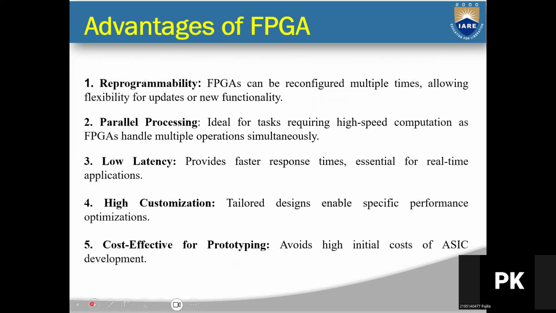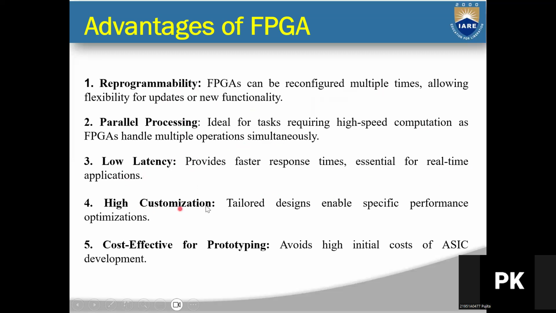So let us know what are the advantages of using FPGA. Why should we use FPGA over ASIC? Let us know about it. First, reprogrammability. FPGAs can be reconfigured multiple times, allowing flexibility for updates or new functionality. Parallel processing. Ideal for tasks requiring high-speed computing, as FPGAs handle multiple operations at low latency, providing faster response, essential for real-time applications.